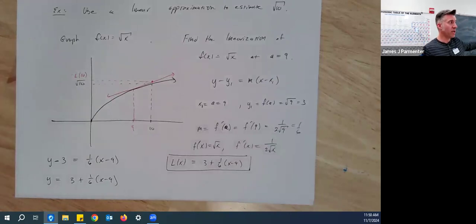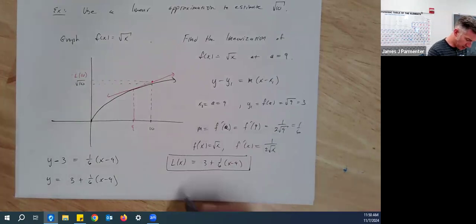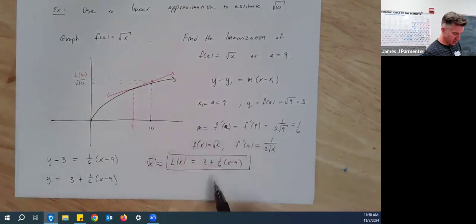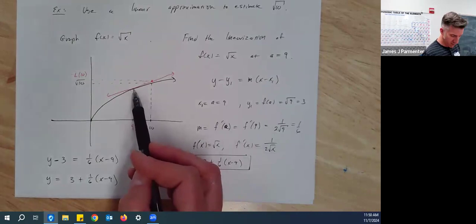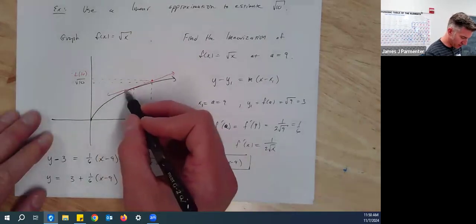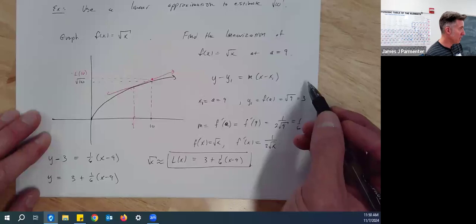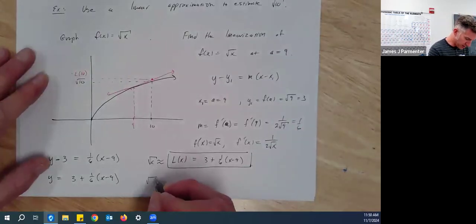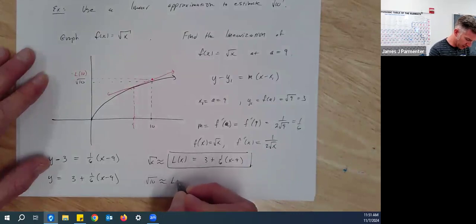And then to answer the question of approximating the square root of 10, we're going to plug in 10. This is an approximation of the square root of x. It's a better approximation when we're close to 9. If you move far away from 9, you can see they're going to have much more separation, and it's not very good if you get too far away from 9. So the square root of 10 is approximately L of 10.